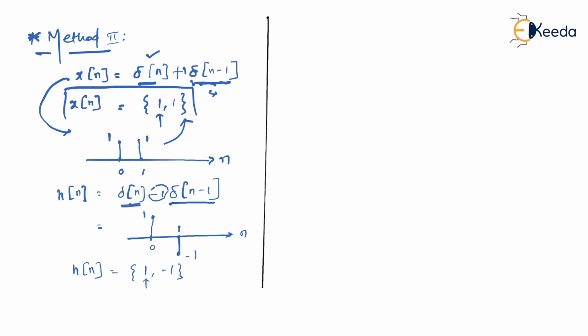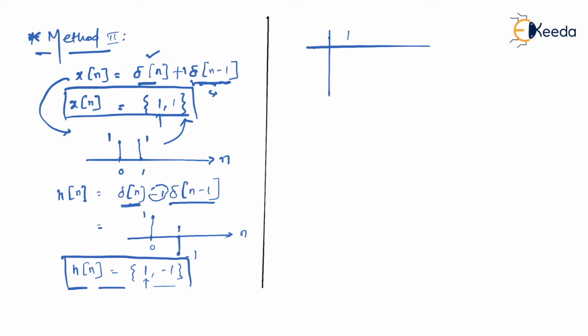So we have x[n] and h[n] with us in the form of sequences. This is your x[n] and this is your h[n]. So tell me, if x[n] and h[n] in sequence form are known to me, I'll be using a tabular method in order to get y[n]. It's very easy. So let me write my x[n] as 1, 1 and h[n] as 1, -1. So just multiply 1, 1 by 1, -1.